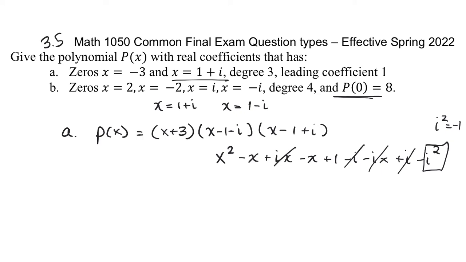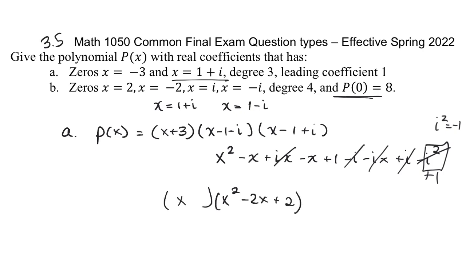If it's minus i squared, that means it's minus negative 1, so that turns into plus 1, right? Just be careful with your minus signs there. So minus i squared is really plus 1. Then the plus 1's add together to be plus 2, and the negative x's add together to be negative 2x. So that turns into x squared minus 2x plus 2.